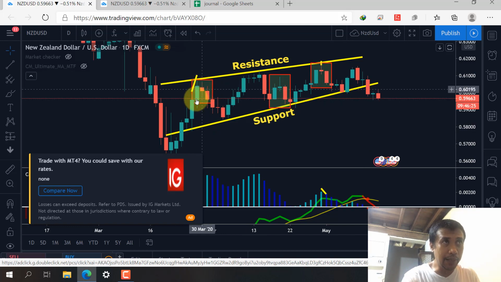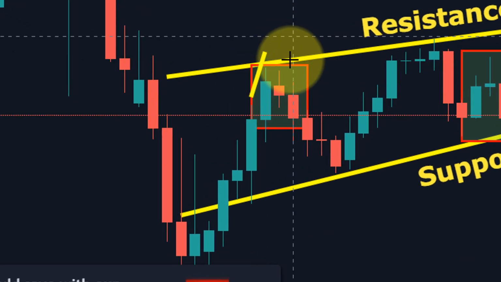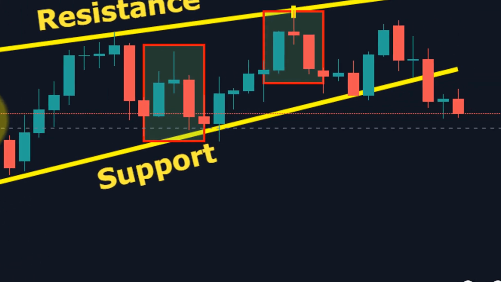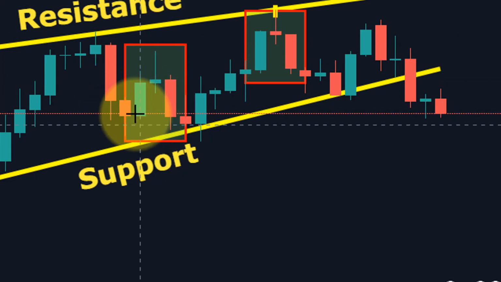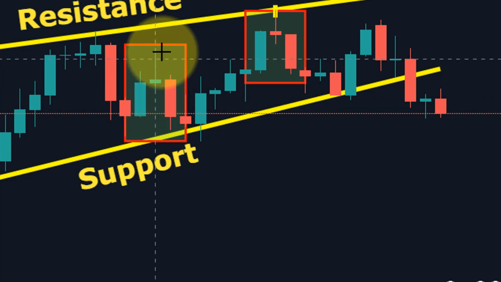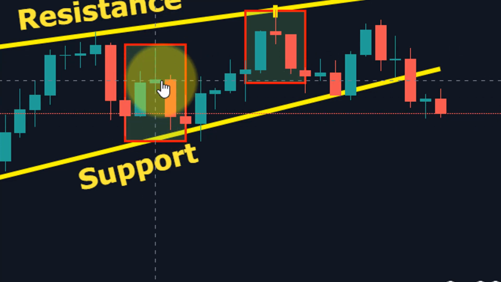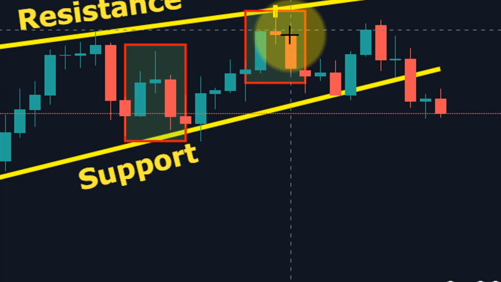You could see a bar, then a doji, then another bar going down. That's a 3 candlestick pattern on the 1 day time frame.